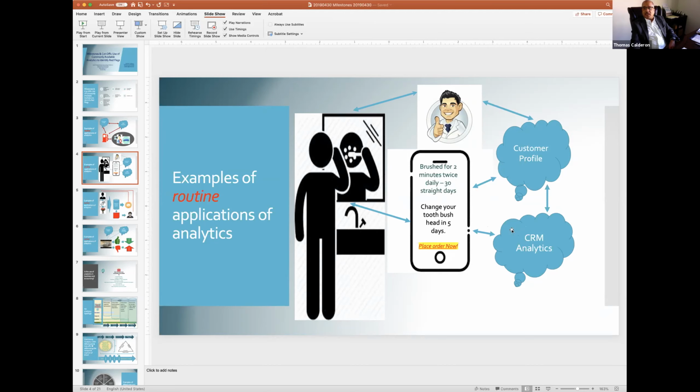It uses the data for predictive analytics, and it tells someone whether or not the user brushes regularly, whether or not the user overemphasizes various areas in his teeth or her teeth.